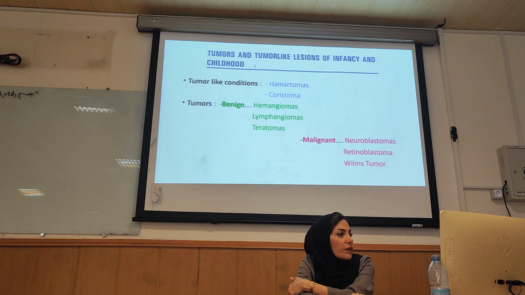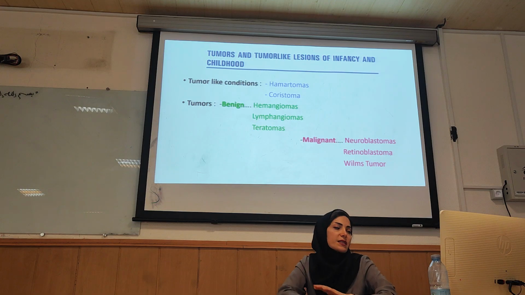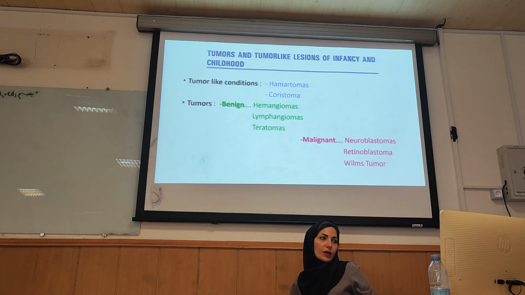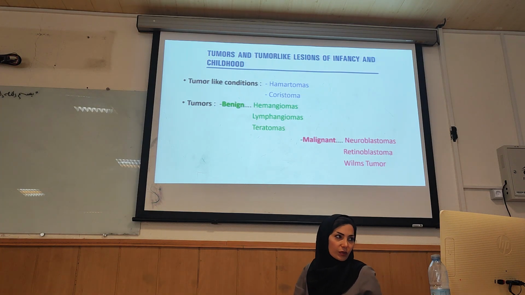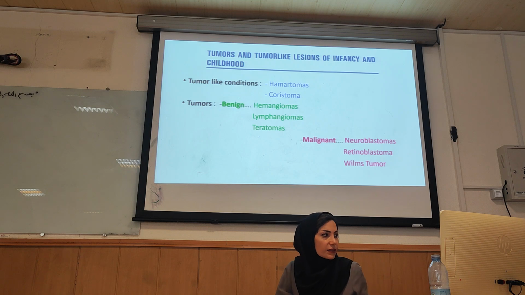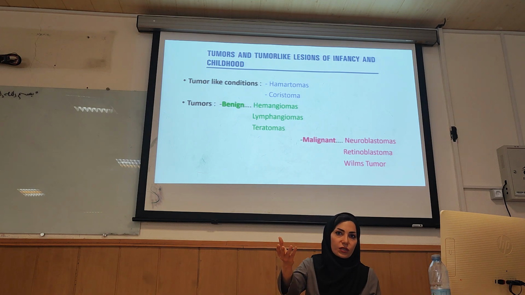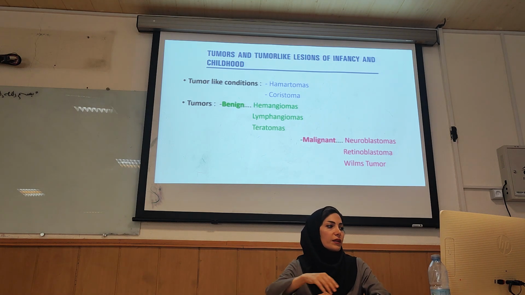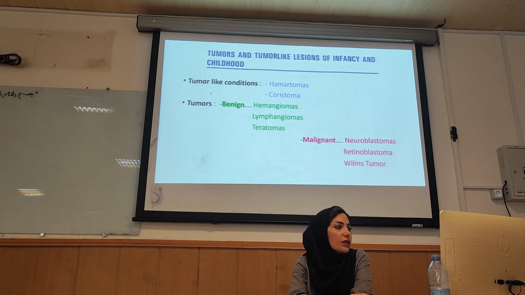So I want to talk about tumors and tumor-like lesions of infancy and childhood. Two titles are tumor-like conditions; they are not really tumors. Hamartomas and choristomas. Do you have any definition of hamartoma?